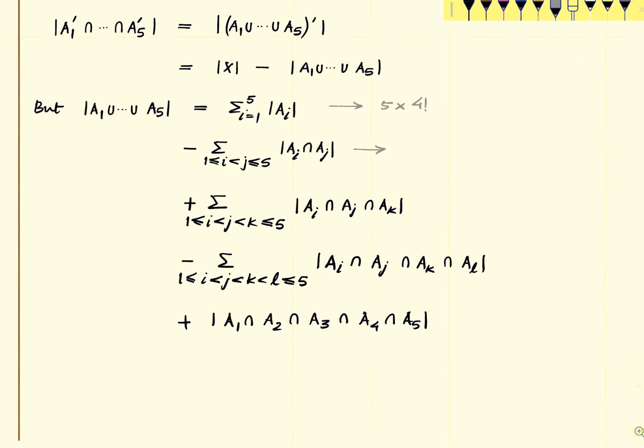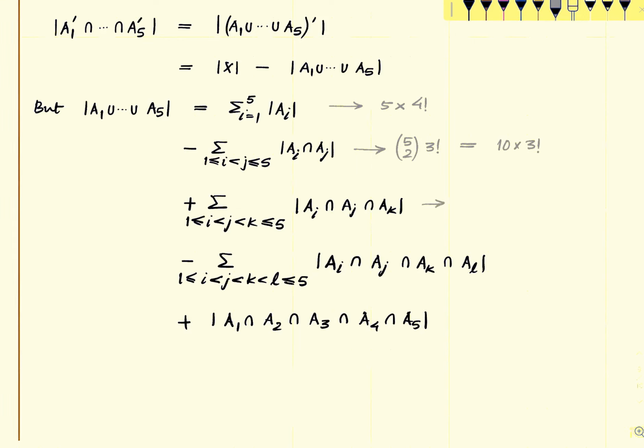Similarly, the second term, let's just count cardinality of A1 intersection A2. So if the first and second go in the correct places, the remaining 3 can arrange themselves in 3 factorial ways. And there are 5 choose 2 such pairs. So this is 5 choose 2 times 3 factorial, which is 10 times 3 factorial.